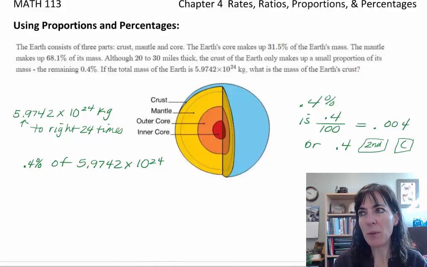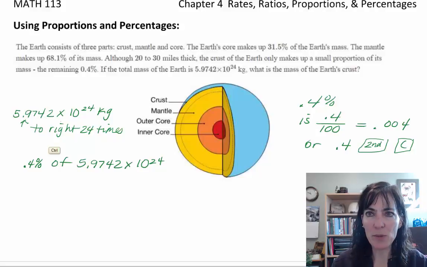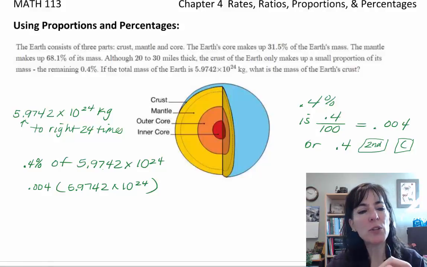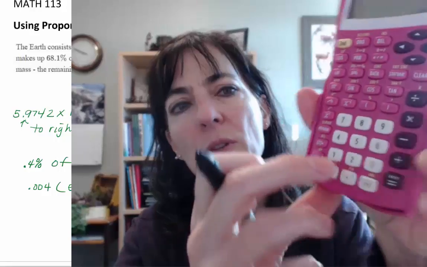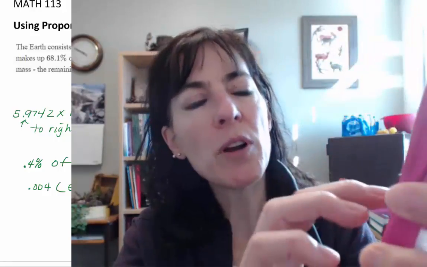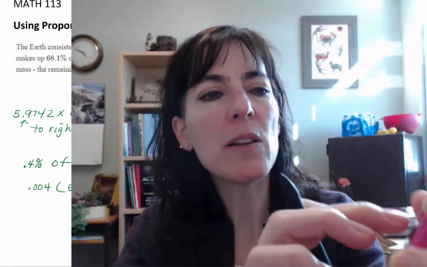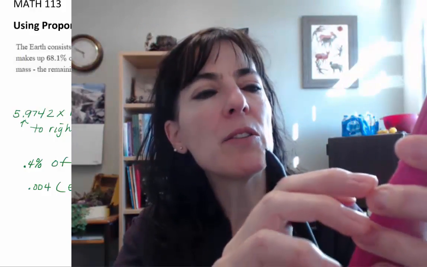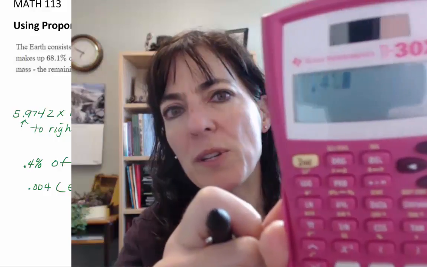So we can do that either way, but what I need to do is multiply this 0.004 times this 5.9742 times 10 to the 24th. And so I think I'll start over on this whole calculation so that I can show it to you piece by piece. So I'm going to do 0.4, there's 0.4, and then I'll do the second left parenthesis button, and it shows it as 0.4% now.